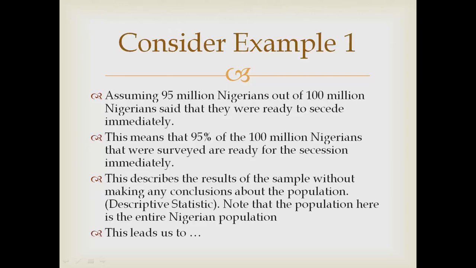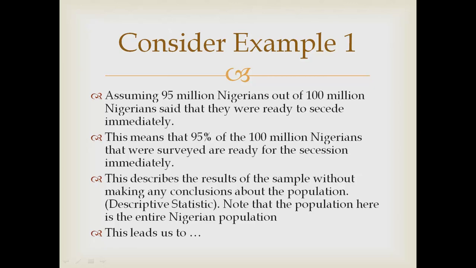So let's now go back to example 1, the 100 million Nigerians that want the South to secede from the North. Now, we know that those 100 million are the sample. Let's say you run a further survey, and 95 million Nigerians out of that 100 million say that they were ready to secede immediately.